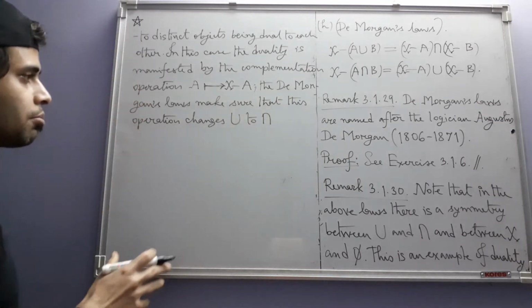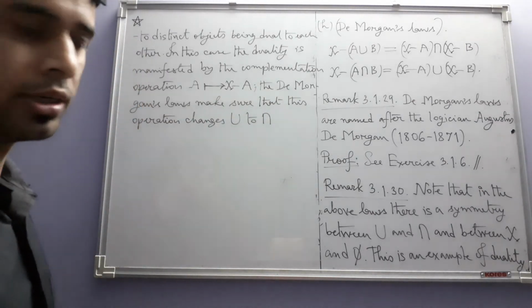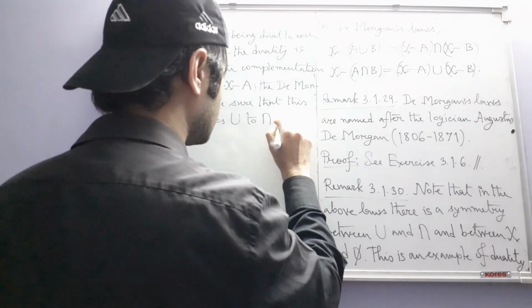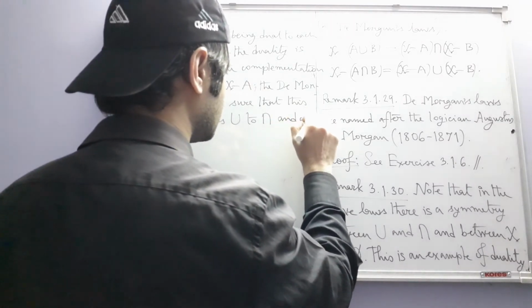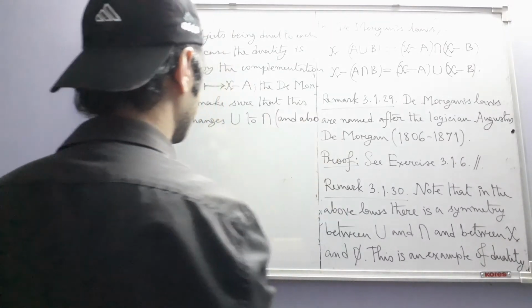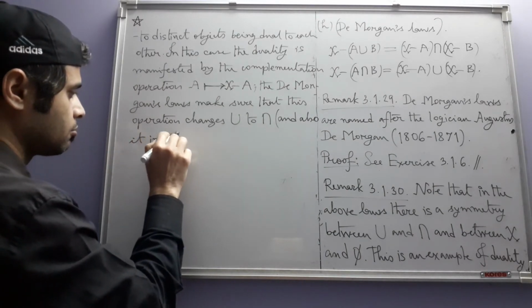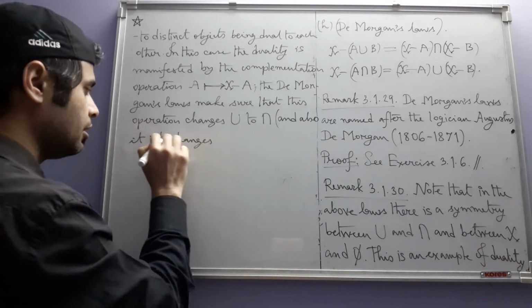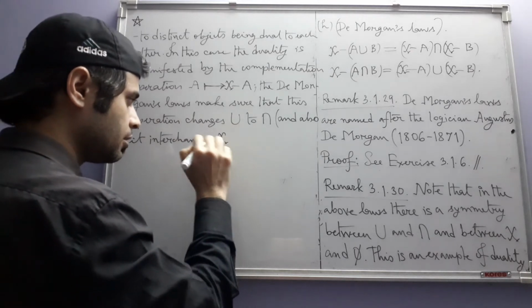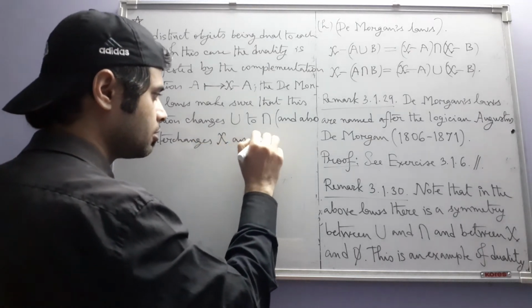So this operation actually gives us the duality, and also it interchanges the set X and the empty set.